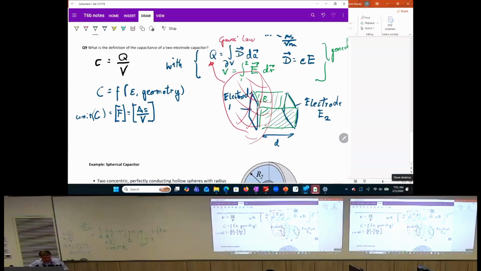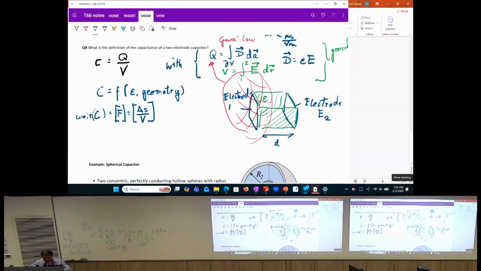Now, when I say that it depends on geometry, you see that already in this example with the parallel plate capacitor: the size, the surface, or the area of these electrodes matters. So they are part of the geometry. Also, the separation of these two electrodes is part of the geometry.